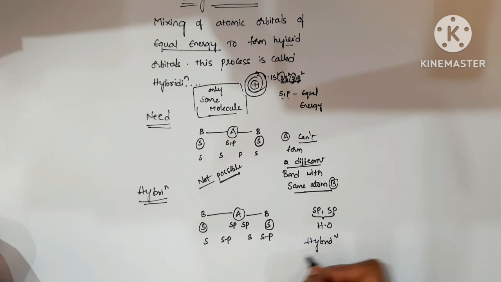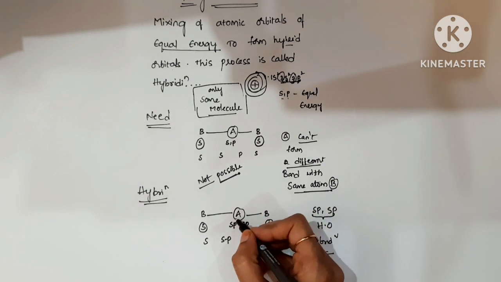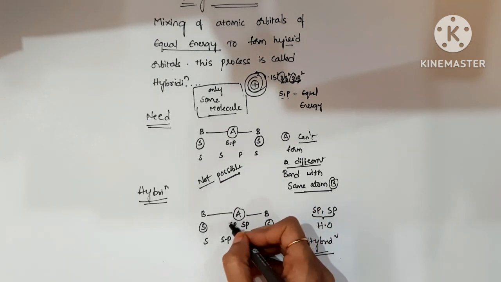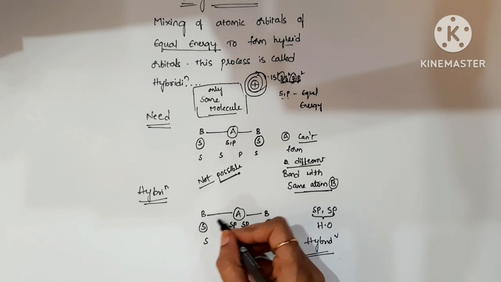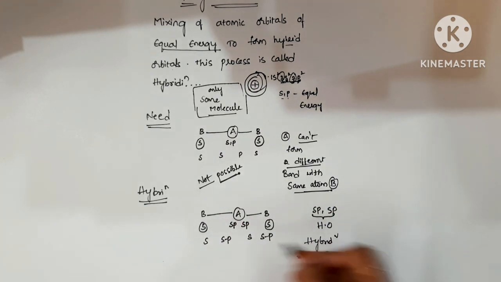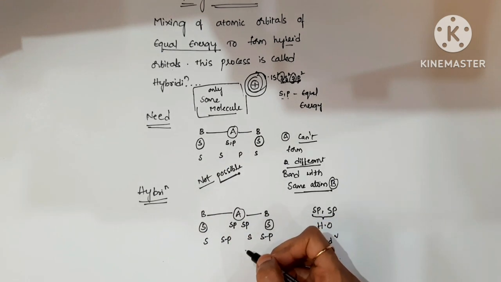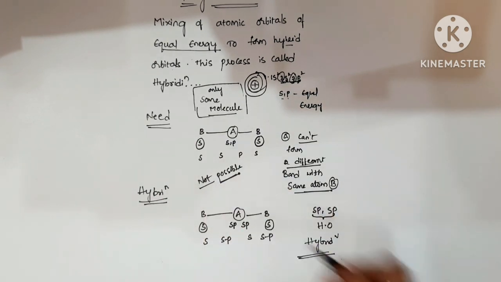Is it clear? So at the central atom, atomic orbitals are hybridized first, then these hybrid orbitals overlap with the surrounding atoms.